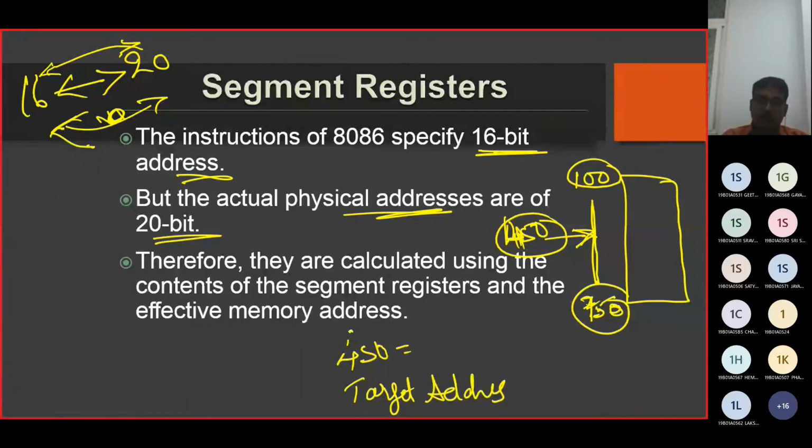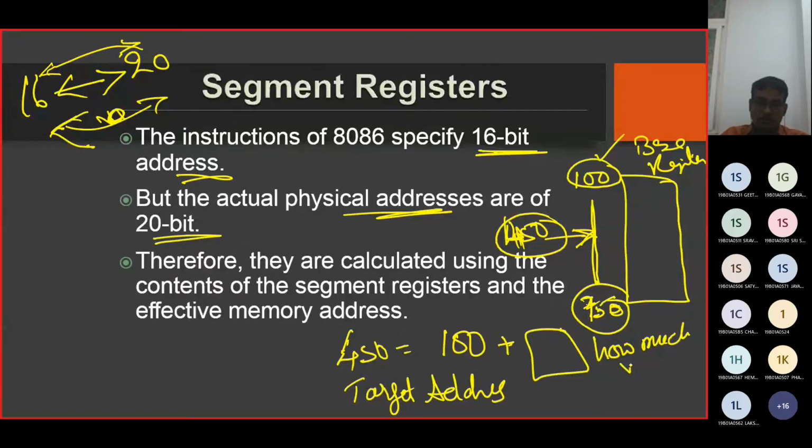Then I have a base register that holds the starting address of the program. The base register is 100. Now the question is how much value we need to add to get 450.